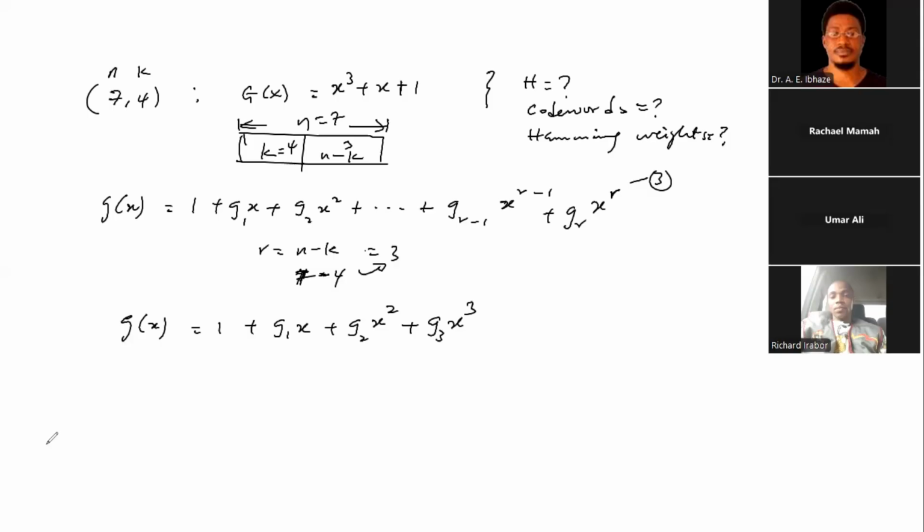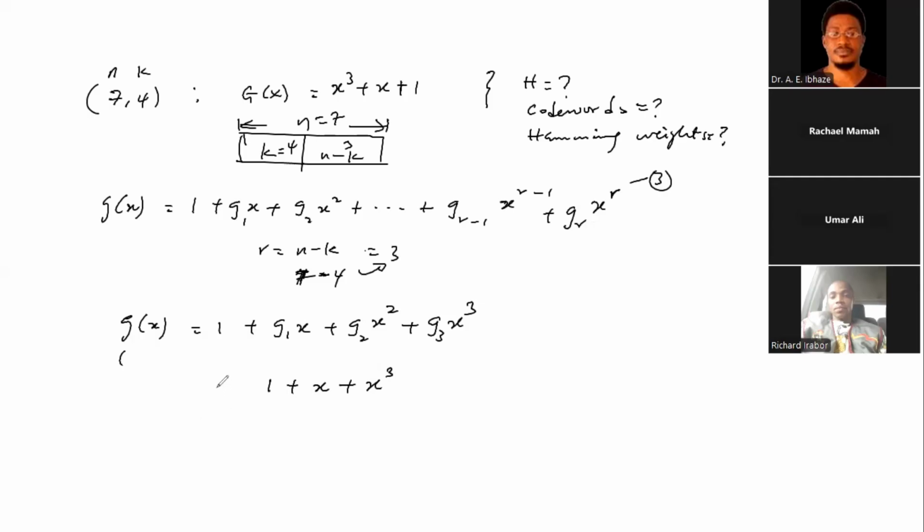But with this structure, we can now design a code, because g of x is given as x cubed plus x plus 1. So going by this formula, it means that we have 1 plus x plus x cubed, right?